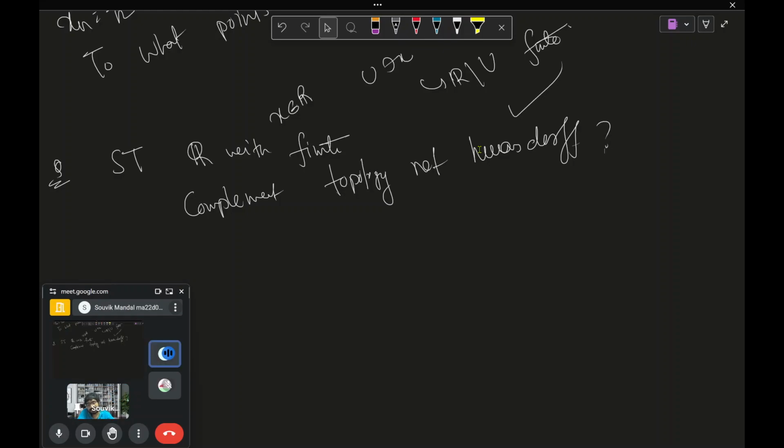It is not Hausdorff, sir, because if you take any two distinct points x and y, we will take any neighborhoods containing these points. They cannot be disjoint, because this open set U containing x will omit only finitely many points, and the other open set V containing y will omit only finitely many points.